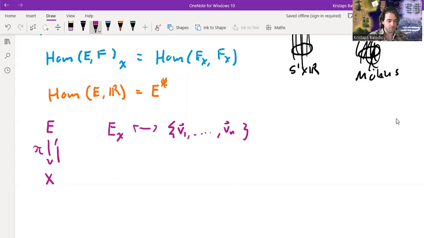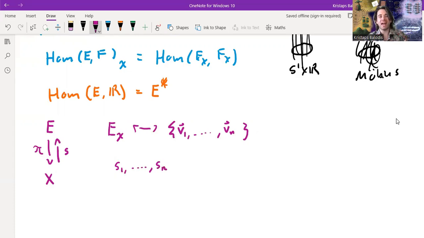So if we have a section of our vector bundle, that just means above each point, it's picking out some collection of vectors. So the right way to frame this then is to imagine that we have a collection of sections, right?